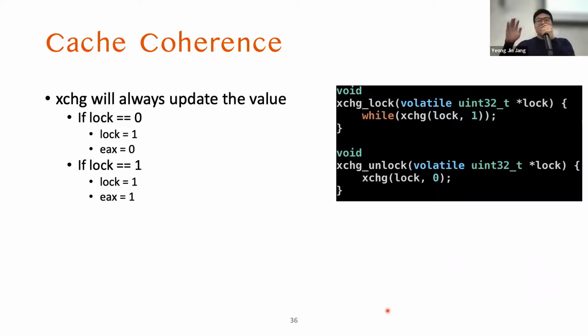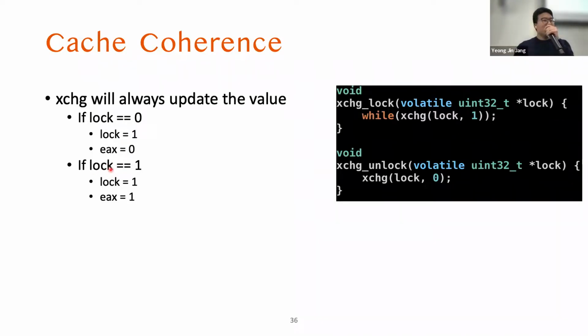So let's follow the semantics of the exchange and the lock setting correctly. How exchange with 1 works is that if the previous value was 0, then it will update the lock variable to 1, and give EAX as 0.